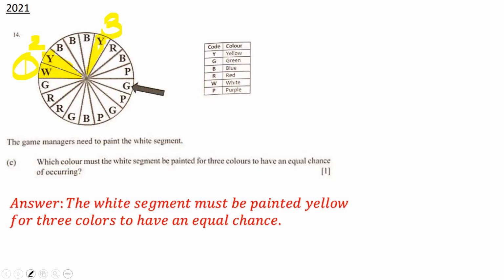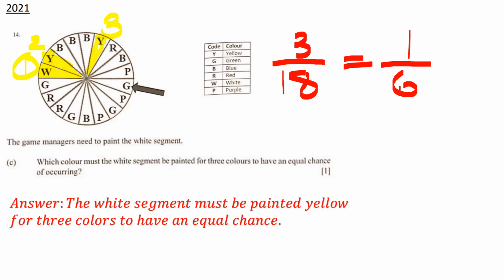And if we have 3 yellows, then what does that mean? Well, that means a lot. That means the probability for yellow is going to be 3 over 18. And if we simplify, this is going to be 1 over 6. So the probability of yellow would be 1 over 6.